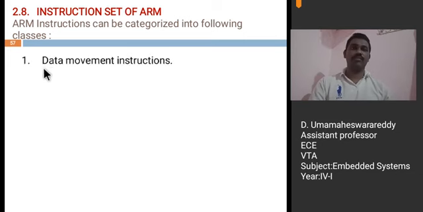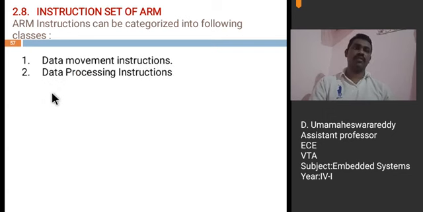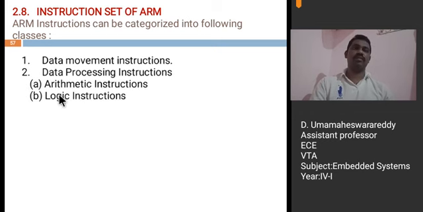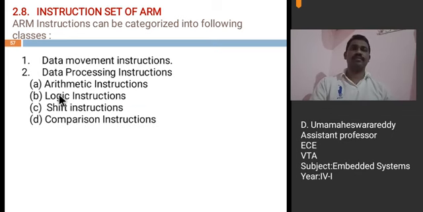First, data movement instructions. Next, data processing instructions. In data processing instructions, again, arithmetic instructions, logical instructions, shift instructions, and comparison instructions. Next, branch instructions.